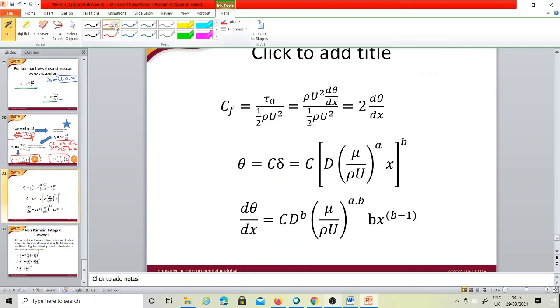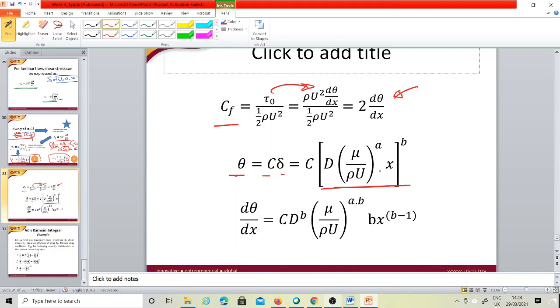Similarly, you have the Cf, you already know that, you just put the value in terms of the momentum form, so rho u squared d theta by dx, so this should be 2 d theta by dx. If you know the momentum equation, just differentiate with respect to x and then multiply by 2, you will get the frictional coefficient. Your theta will be a constant, so the theta value is like this.